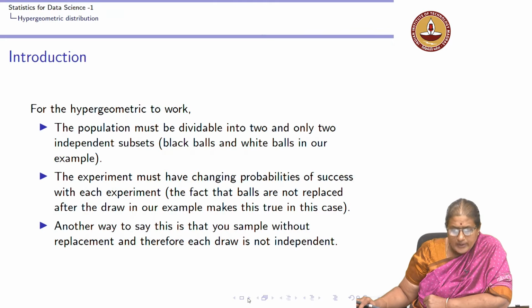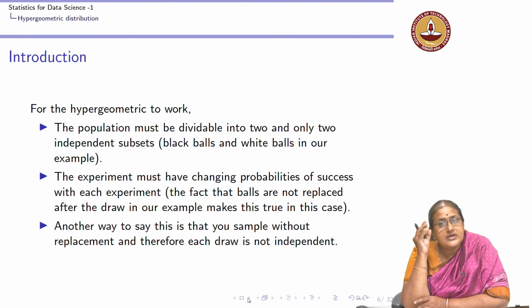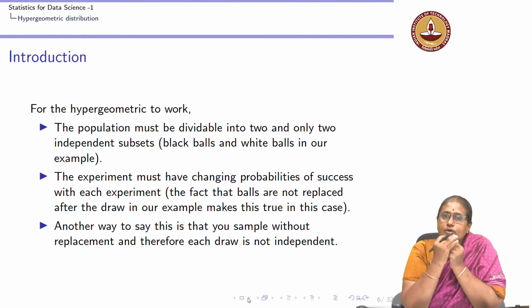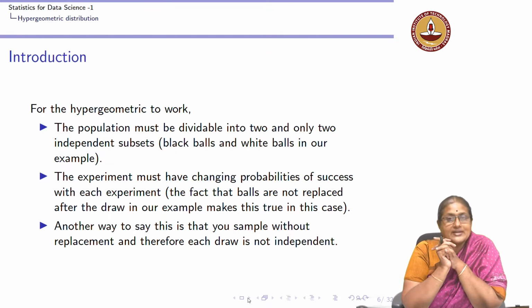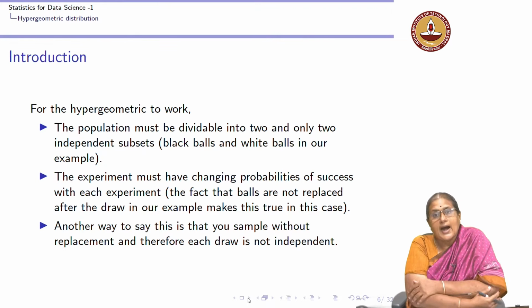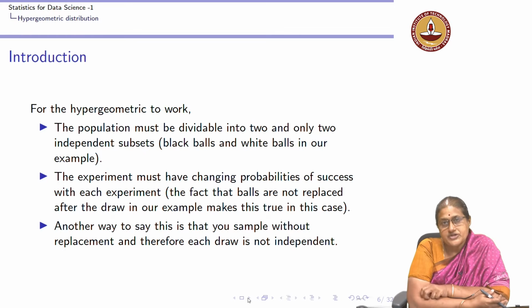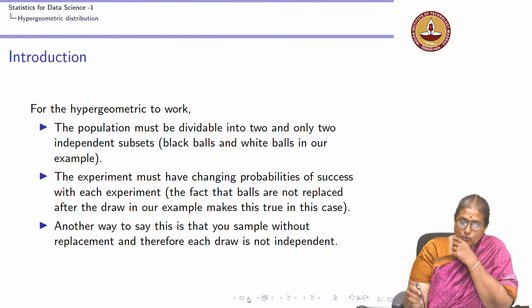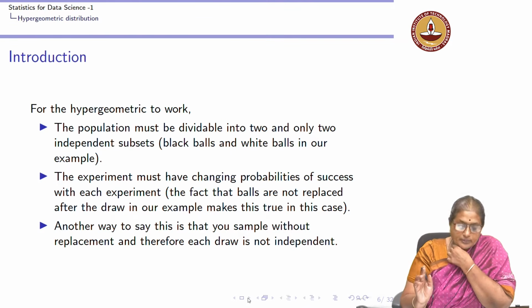So binomial will not work because I do not have independent and identical distribution. So I need to go to some other distribution, and that is what we refer to as the hypergeometric distribution. For the hypergeometric distribution to work, initially I want to know that I have a population, and this can be divided into 2 and only 2 independent subsets.